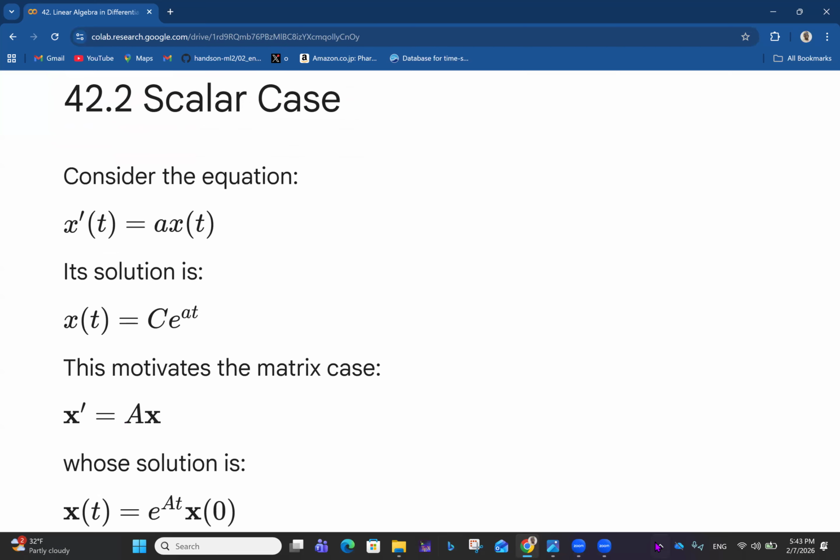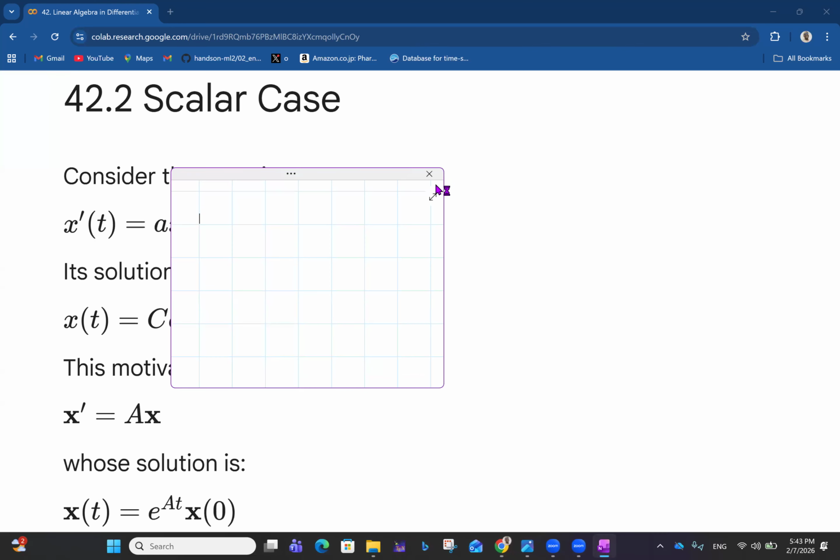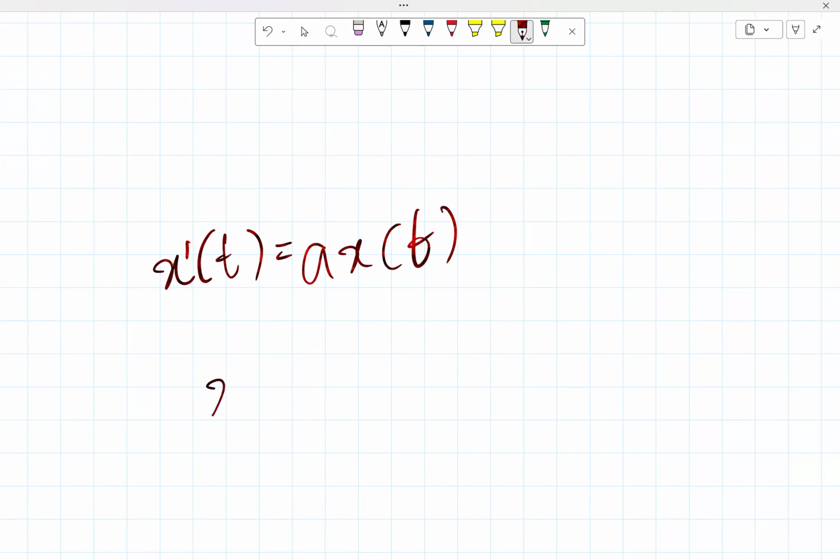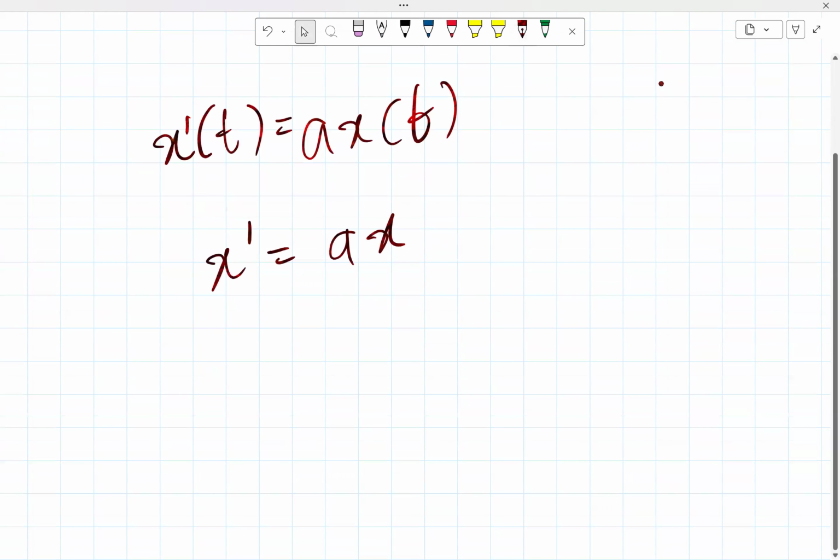By the way, if we want to refresh our memories about differential equations, you have x prime of t equals a x of t, not the matrix thing now. In short, you can write that as x prime equals ax. So how do you take care of this?